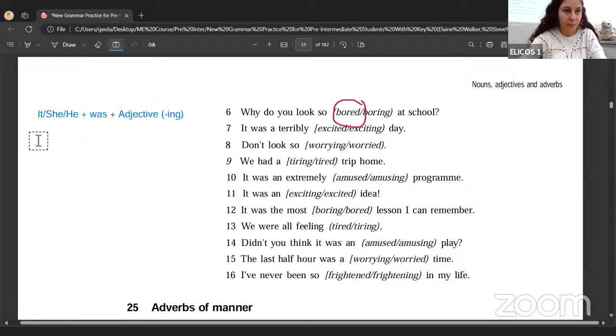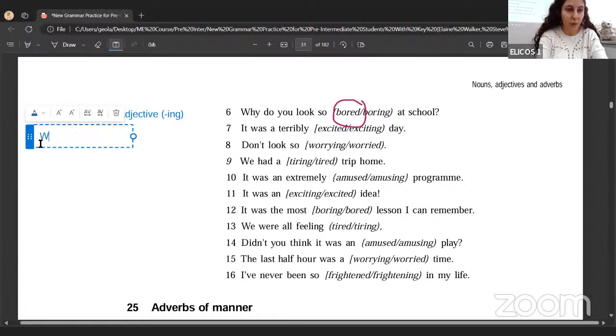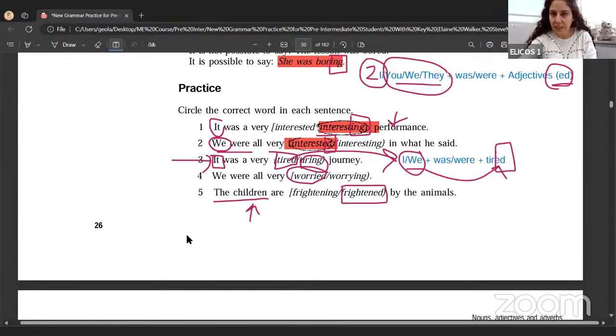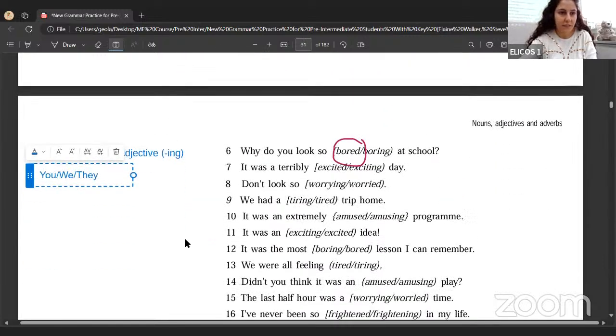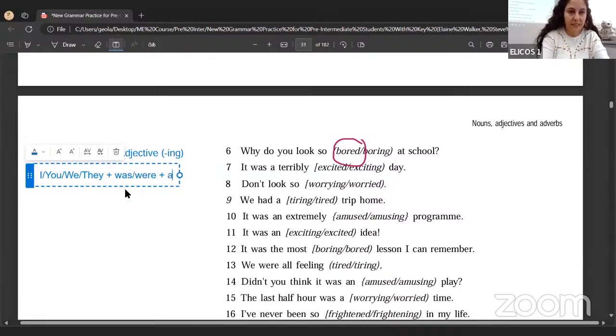But the second rule is if we have we, they, you, I, then you have "was" or "were" plus the adjective with the -ed.